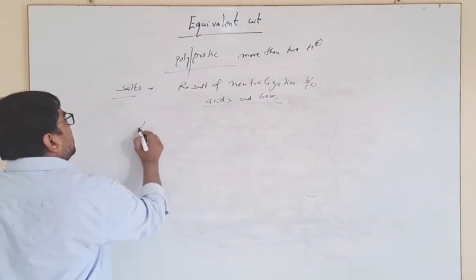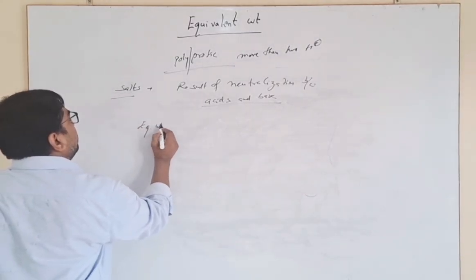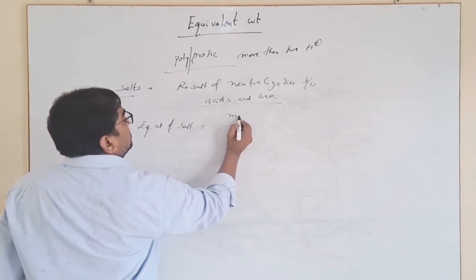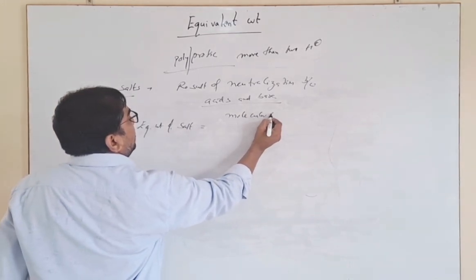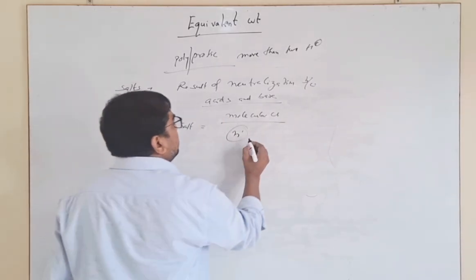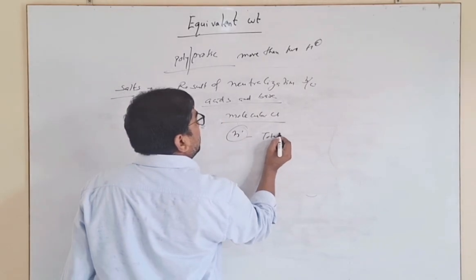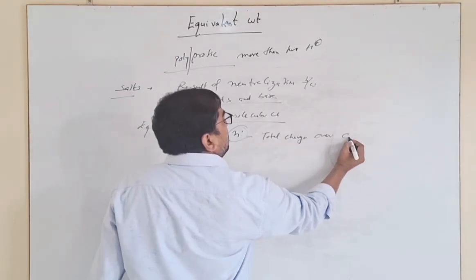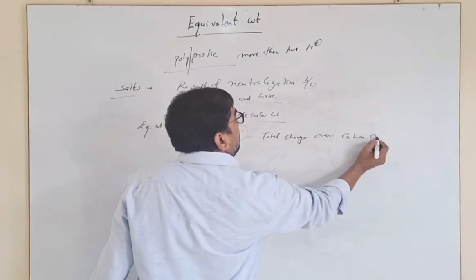So in salts, the equivalent weight of a salt will be its molecular weight divided by N dash, and here N dash will be the total charge over the cation or anion.